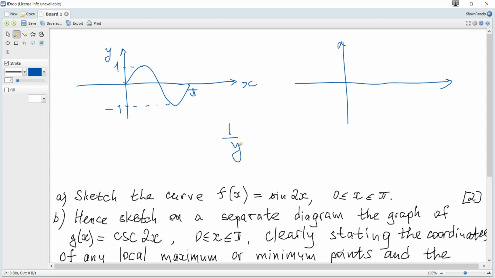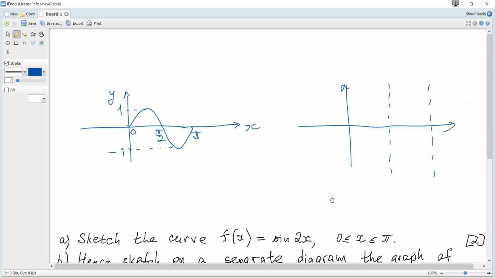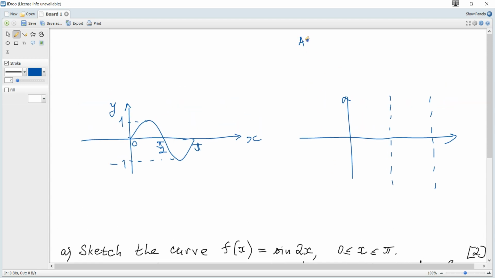But if y is 0, we can see that it becomes 1 over 0, it's infinity, and such points become vertical asymptotes. So we can see that there are vertical asymptotes at 0, pi over 2, and pi, and we can write it as asymptotes x is 0, x is pi over 2, x is pi.